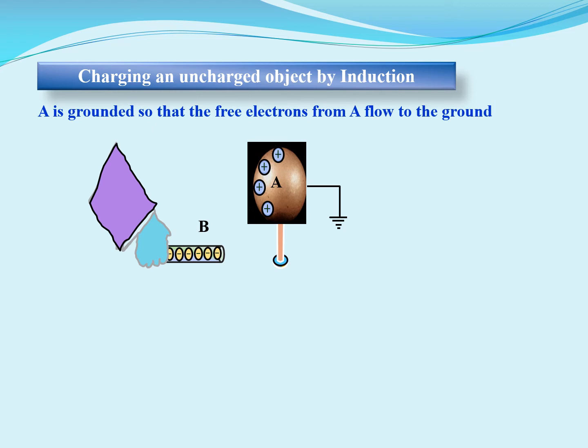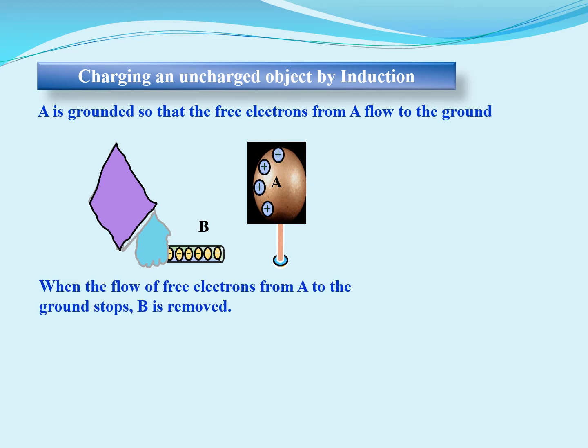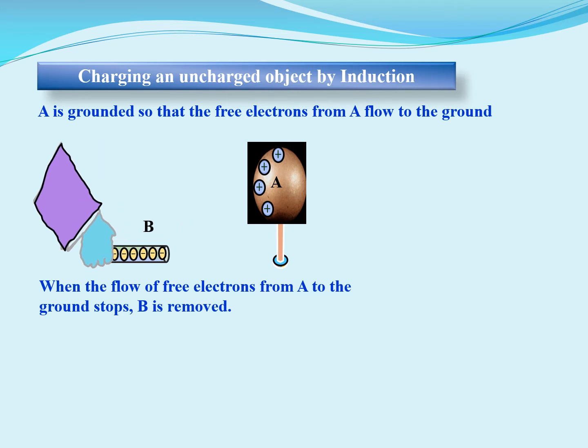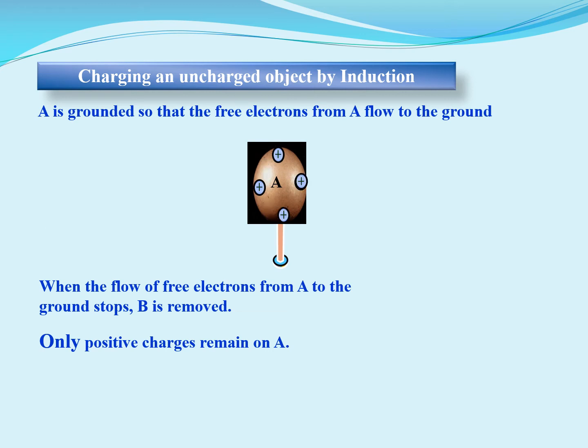And positive charges remain on the surface due to attraction of body B. And after this, if B is now separated from A, only positive charges remain on the surface of A. And then this body A can now be called a positively charged body, where all the positive charges are evenly distributed along the surface. Hence, you can say the body is being charged by the method of induction.